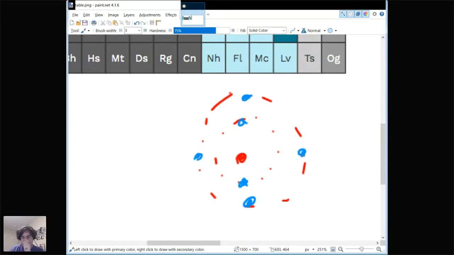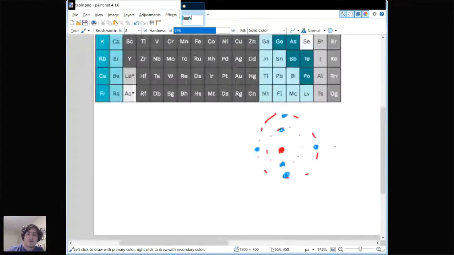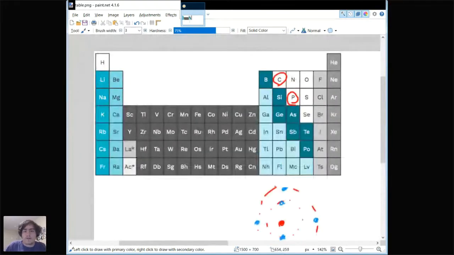Do you remember which interaction contributed more, the electron-electron interaction or the electron-nucleus interaction? Yeah, electron-electron interaction.